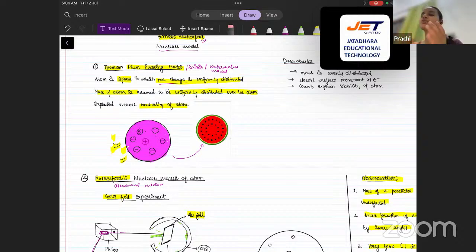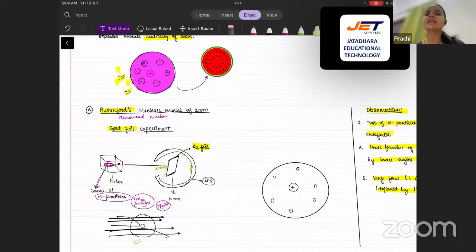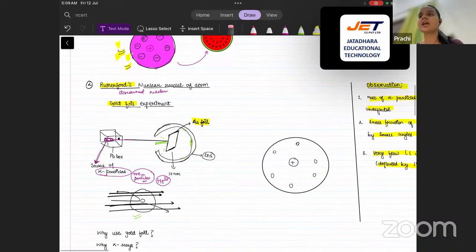Then his student Rutherford was conducting experiments to test the structure of the atom given by J.J. Thomson. But when he conducted the gold foil experiment, what he discovered is the nucleus.